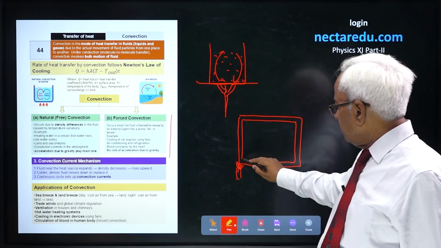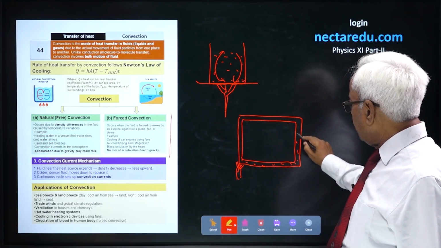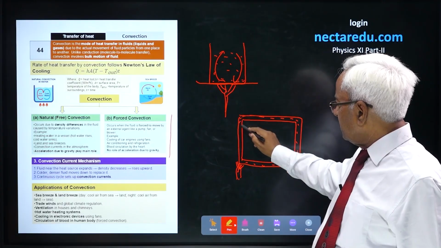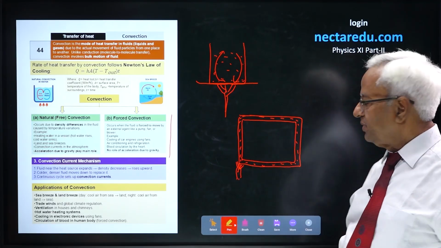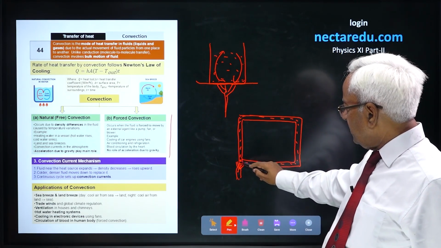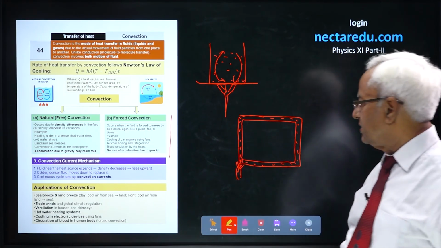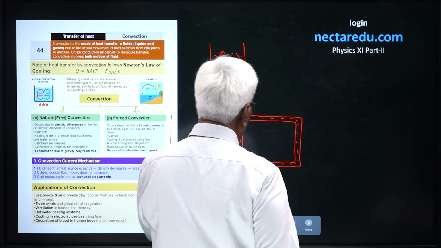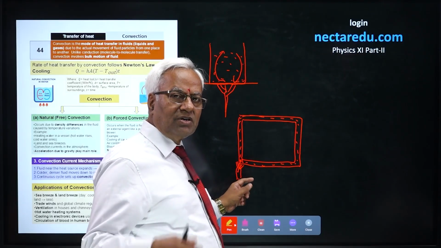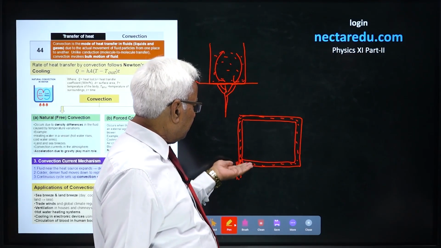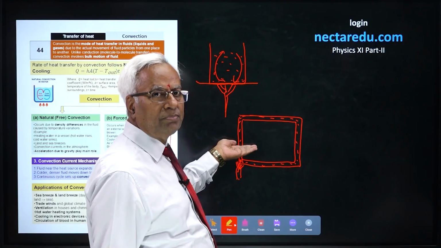Then the whole pipe is full of liquid, arranged in a rectangular plane, and this part is getting heated. As soon as the liquid at this corner gets the heat, it will certainly go higher because of natural convection. Up to this point, this is very clear. Natural convection has taken place because of heating, and this liquid starts going upward.